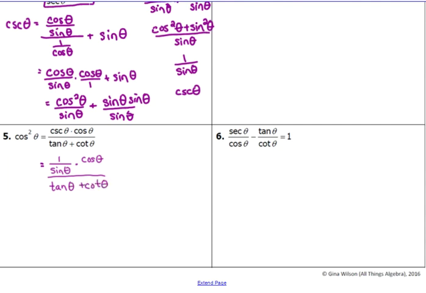Okay, so what I saw when I replaced cosecant with 1 over sine is that the numerator can be written as cotangent of theta. And now we've got all these tangents and cotangents. So I am going to multiply by the reciprocal, top and bottom.